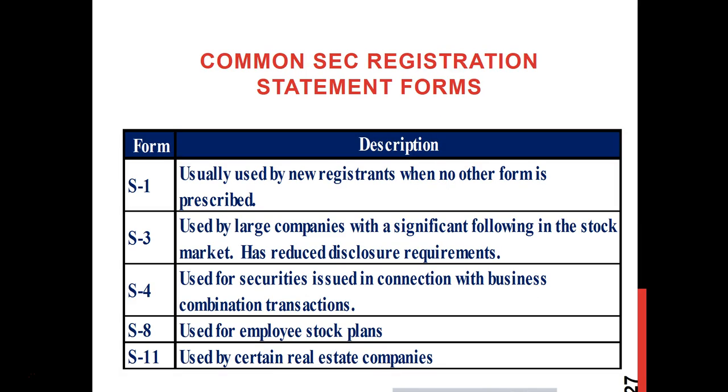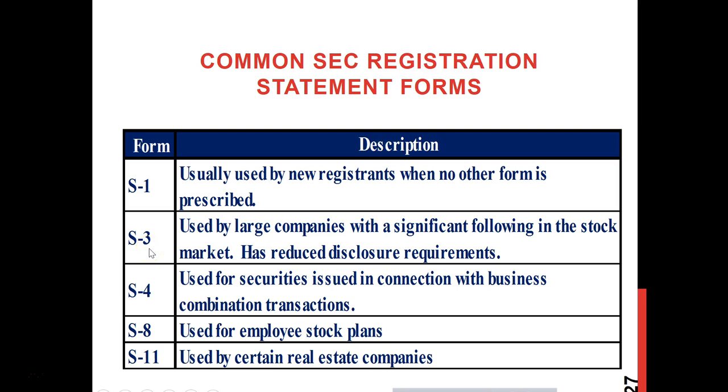Now here you will see a few common SEC registration forms, and depending on different scenarios, companies will decide what type of form they are going to use. S1, which is the most common one for new registrations: when any company wants to be public for the first time, they will use this form.